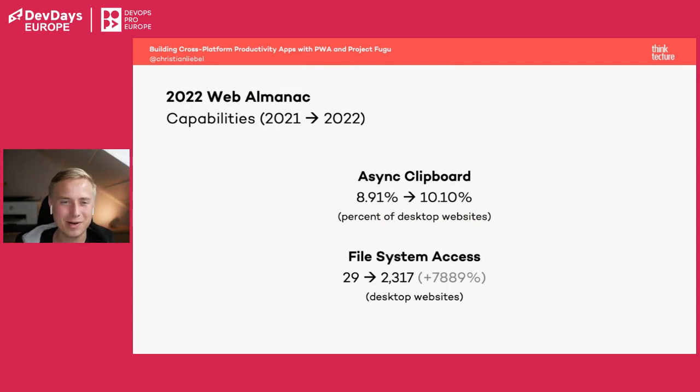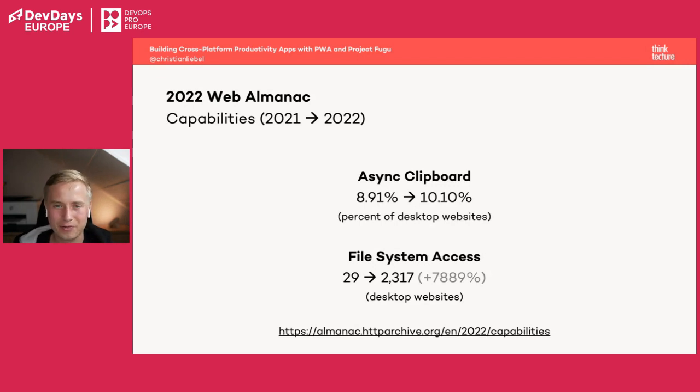So in 2021 we had 29 desktop websites using it, and in 2022 it was over 2,000 already. So that is an almost tenfold increase. If you want to know more about that, here's the link to the Web Almanac. It's very interesting, I would say, for web developers like you and me.